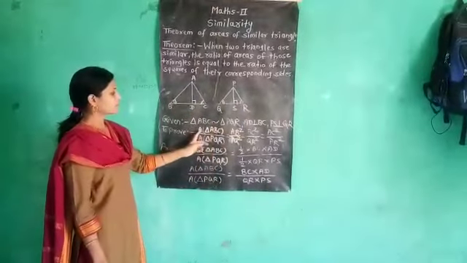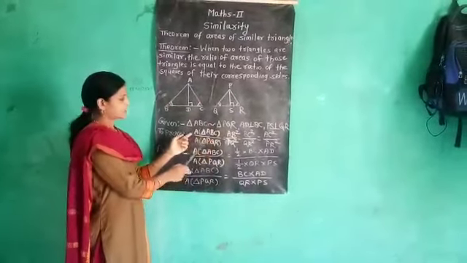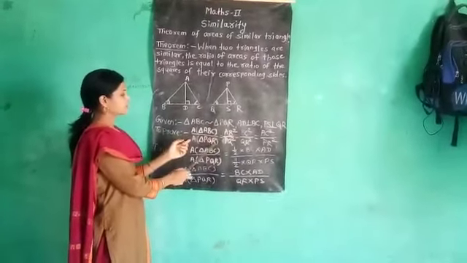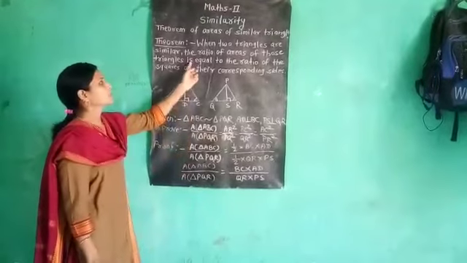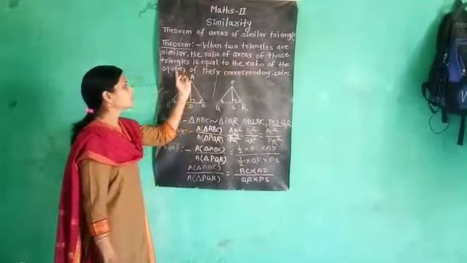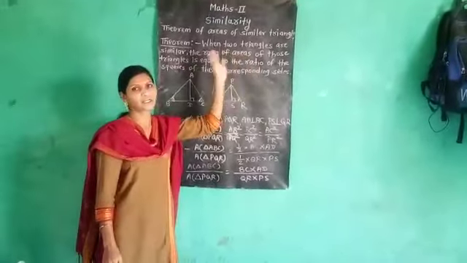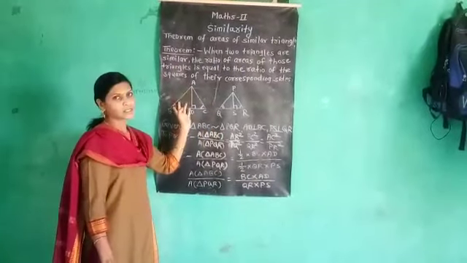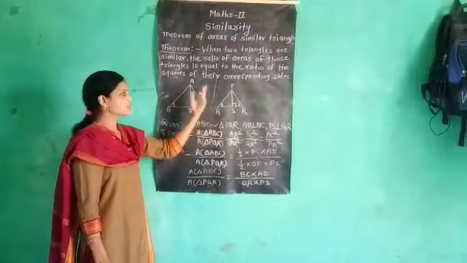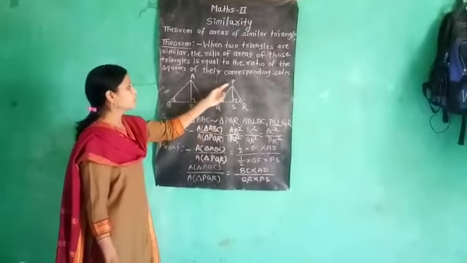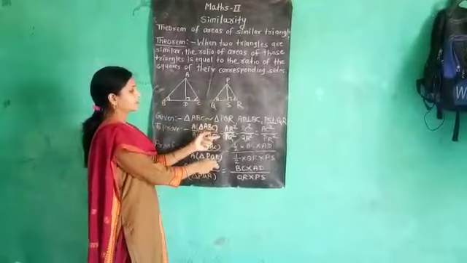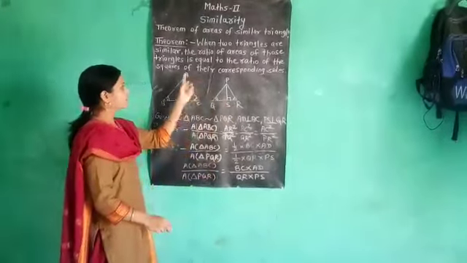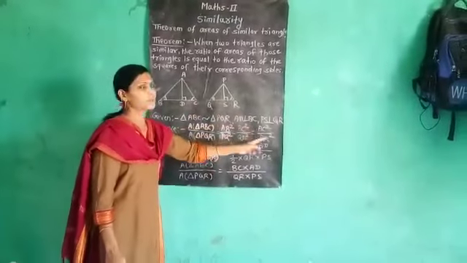We have to show that the area of triangle ABC to the area of triangle PQR is equal to the ratio of the squares of their corresponding sides. First we have to see the corresponding sides and their squares. That is, AB square upon PQ square equal to BC square upon QR square equal to AC square upon PR square.